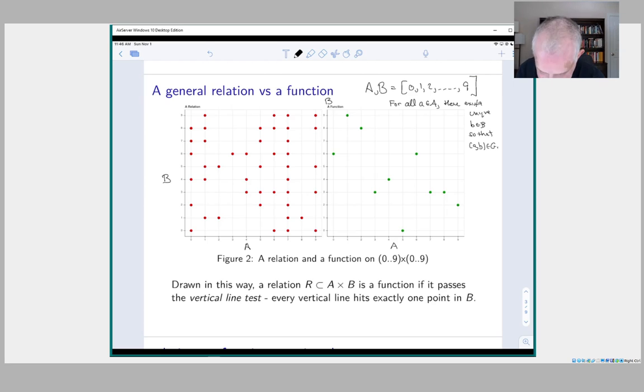So let's test it. If a is 0, there is only one b so that (a, b) is in the set.